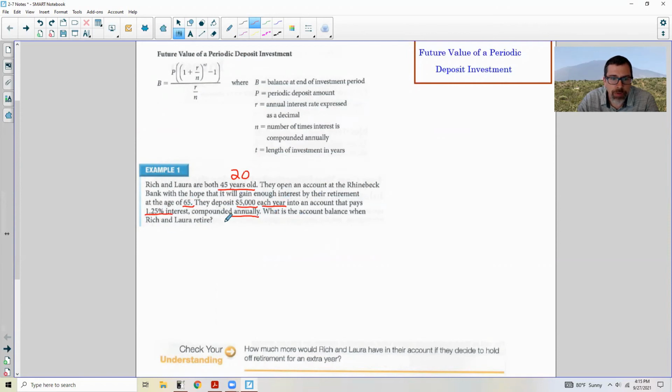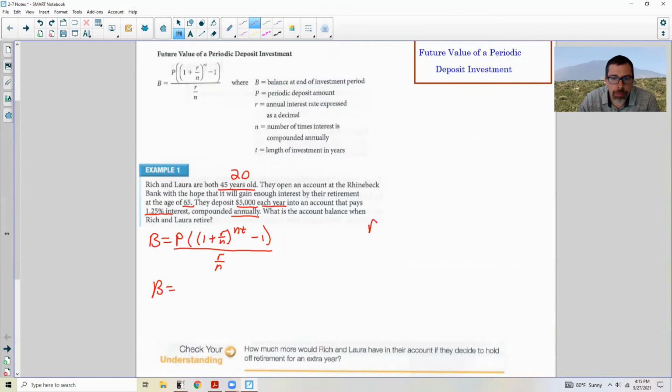What is the account balance when Rich and Laura retire? So we write B equals P, parentheses, 1 plus R over N, to the power of NT, minus 1, close the parentheses, divide by R over N.